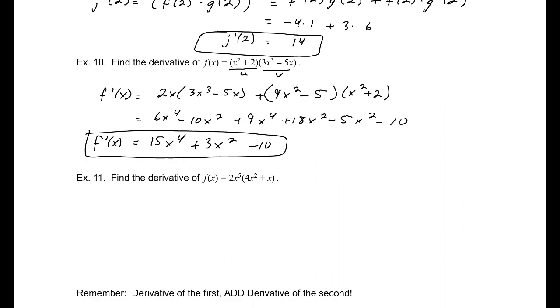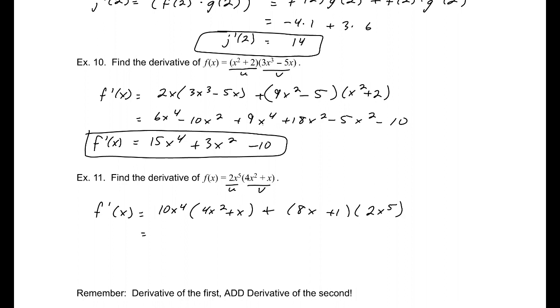Number 11, let's go ahead and call these u and v. So our f prime of x is derivative of the first one, that'll be 10x to the 4th, times our v, 4x squared plus x, plus v prime, that would be 8x plus 1, times u, 2x to the 5th.